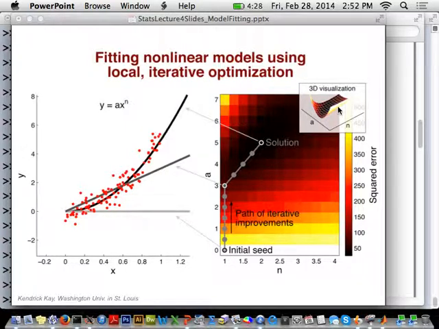This is, again, a surface, right? And the gradient is just the derivative of this surface with respect to the parameters. If I'm at the initial seed and I want the derivative of the surface, let's only look in this horizontal direction. Remember, derivative is just like in calculus, the slope of the function. So you can look at the slope along this direction.